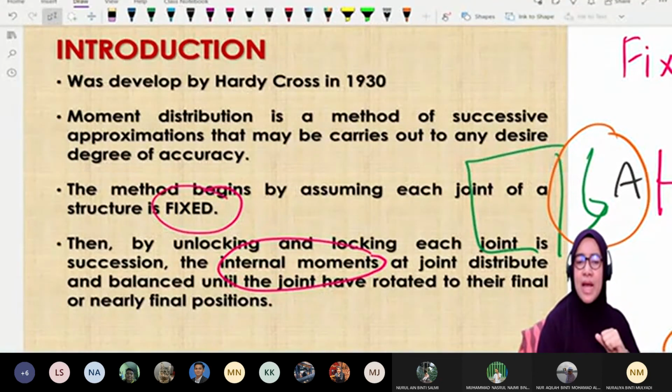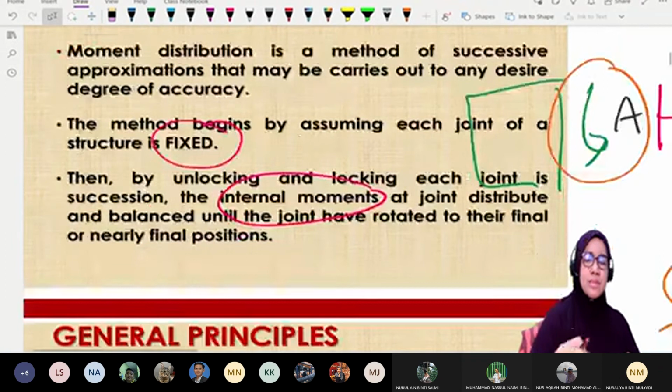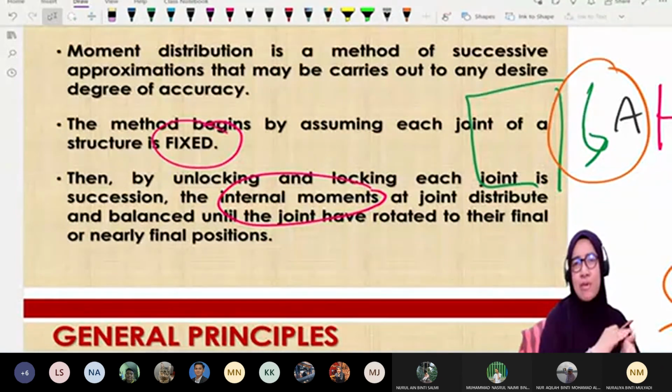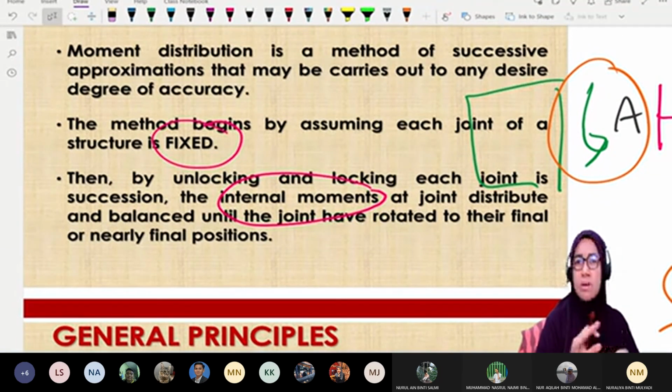The method begins by assuming each joint is fixed. This assumption relates to the fixed end moment. That is why even though we have a continuous beam, with fixed, roller, fixed supports and internal ones, we have to assume all fixed. That is why we can apply the fixed end moment formula for all members.